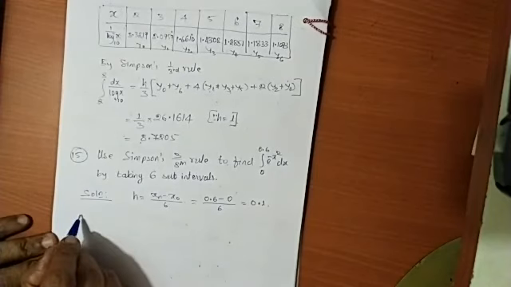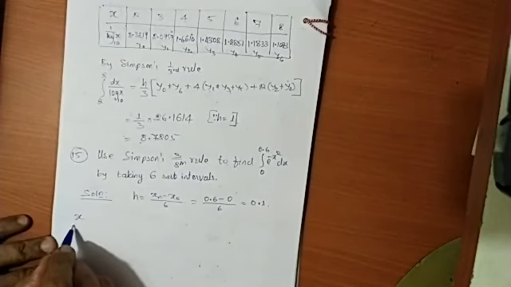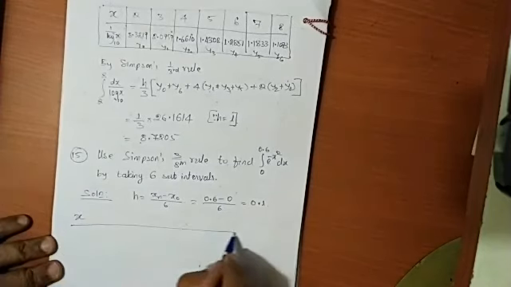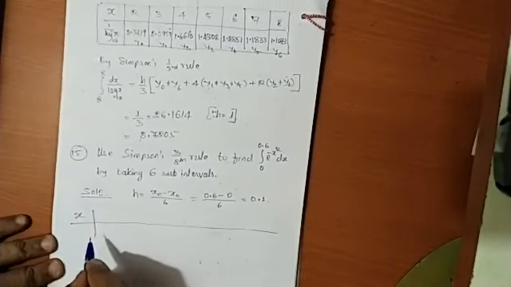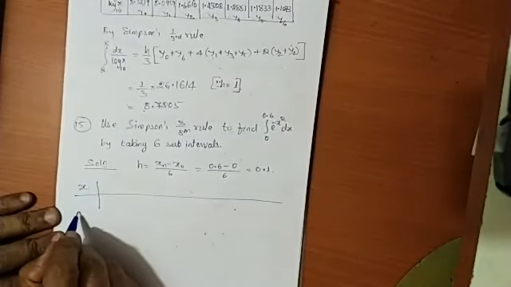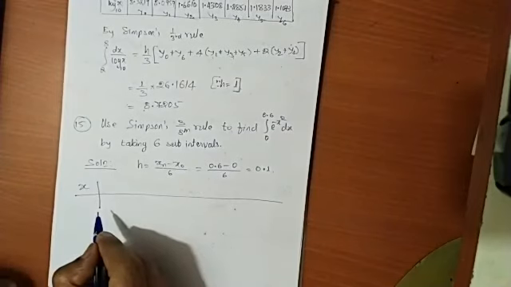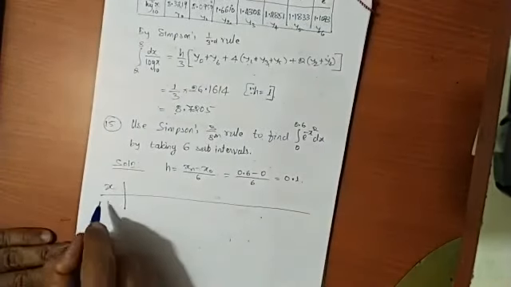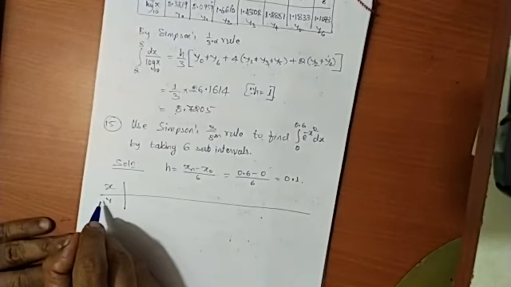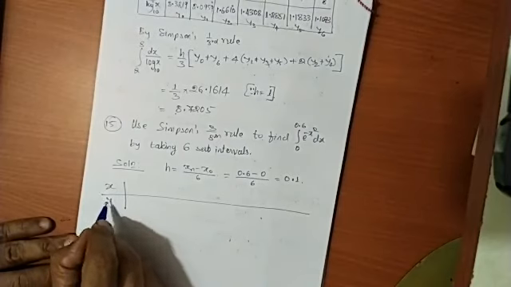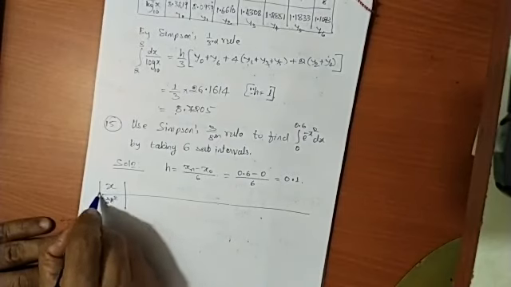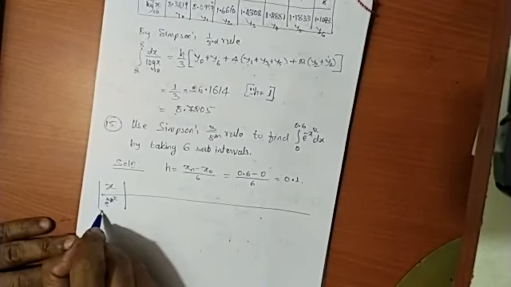Right. Then what is my next step? I should find out x and corresponding values of y. So y is f of x, that is e power minus x square. So I find out that.